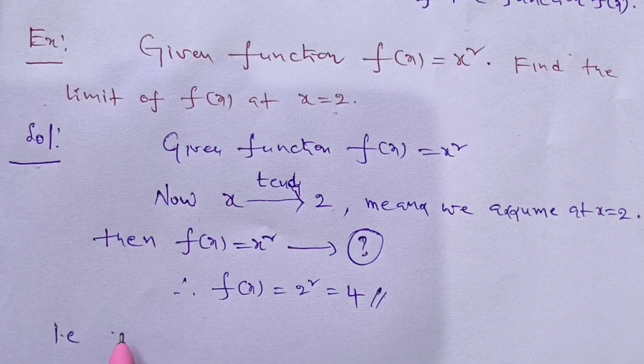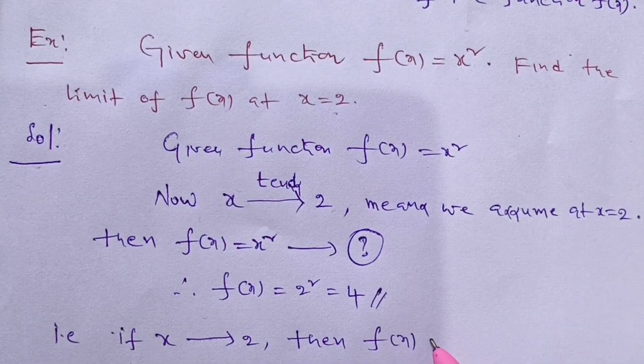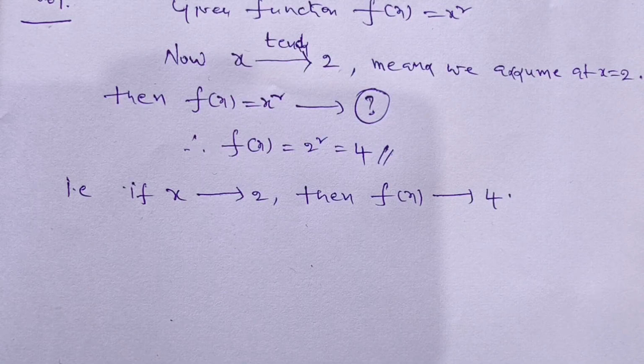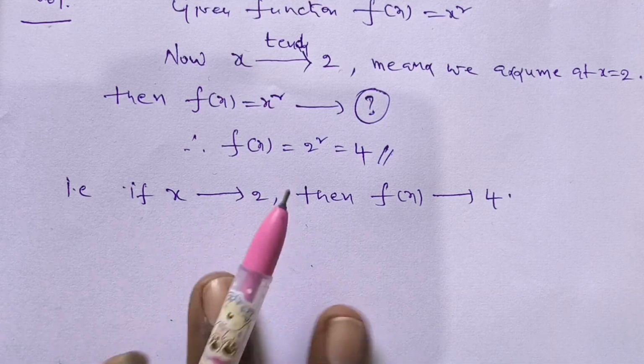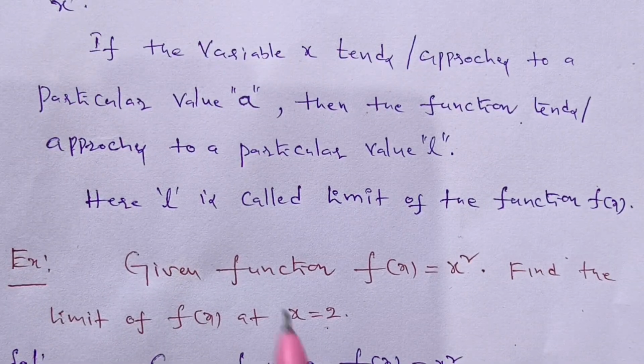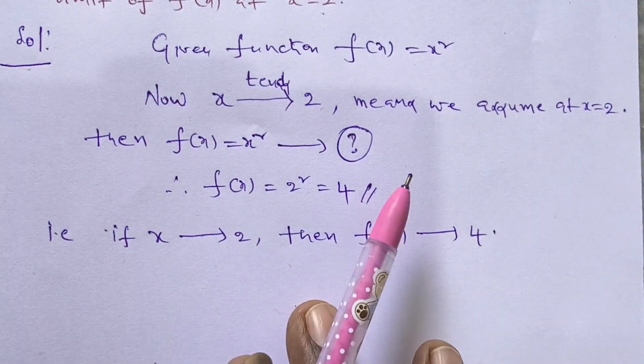Here 4 is called the limit of the given function f of x at x is equal to 2. So clearly we conclude that if x approaches 2, then f of x approaches 4. Here 4 is called the limit of the given function. So from this example and the above definition, this definition can be written symbolically.